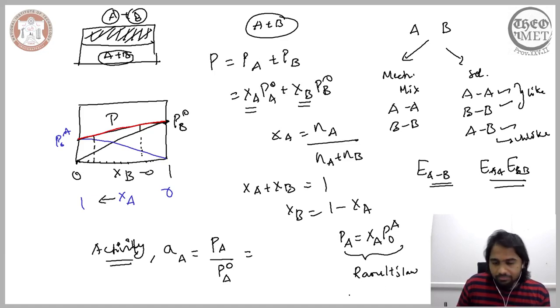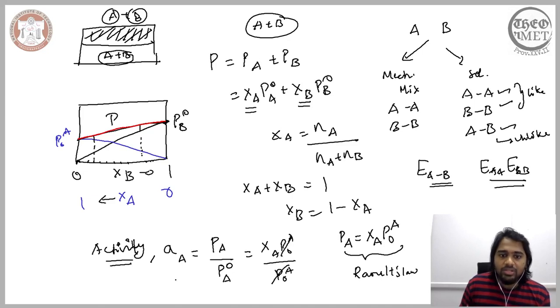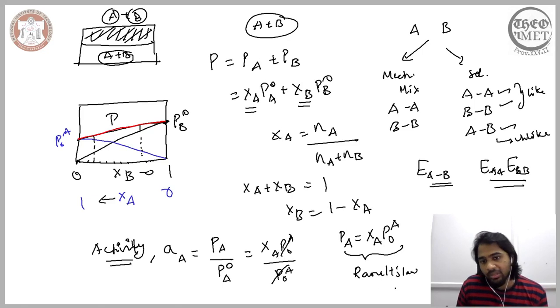For a mechanical mixture, for a Raoultian solution, we can substitute the partial pressure of A in the solution, and we can express the activity in this manner. These two get cancelled out.